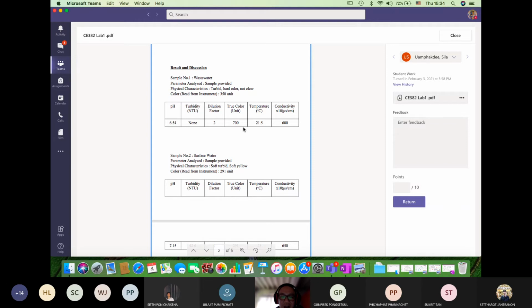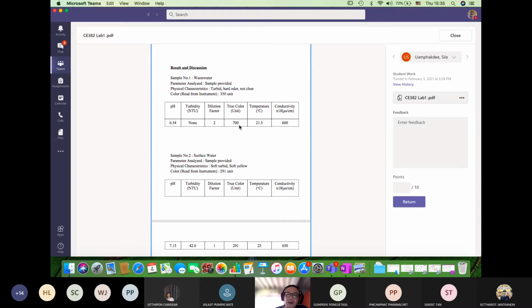Is it for the color analysis or for the turbidity analysis? For the results presentation you have to make some changes here because it's mixed up. I think the dilution factor is just for the true color.